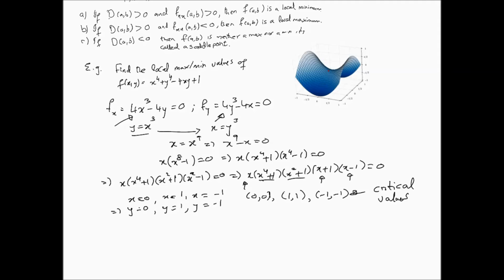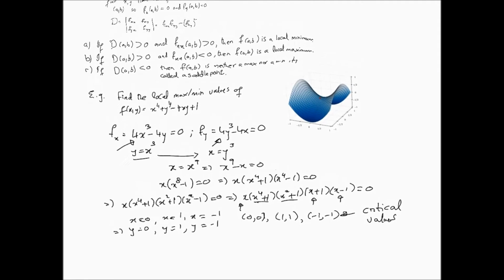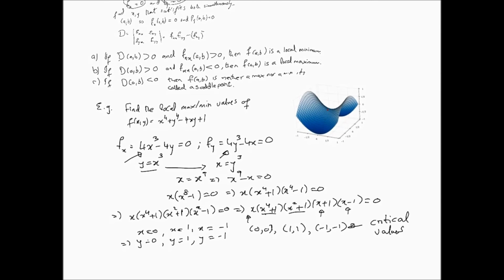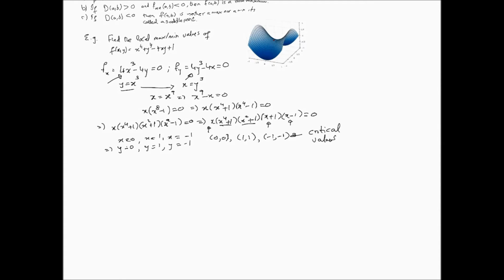Now the next step, of course, is to calculate, let me go back here for a second. There you see, we need this D. Okay, let's calculate that. So we have fxx now is equal to 12x squared. fyy is equal to 12y squared. And fxy is equal to minus 4.